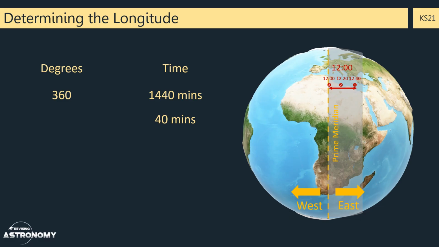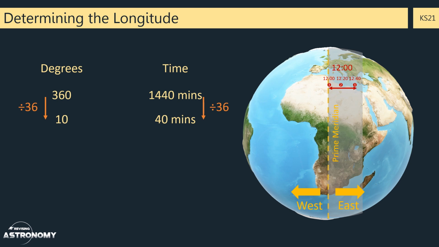And so to convert 24 hours into minutes, we just multiply it by 60, which gives us the time for a full rotation as 1,440 minutes. Now we know that there are 40 minutes separating them, and to get to 40 we have to divide by 36. And if we do the same to the other side, we can see that they are 10 degrees. So we therefore know that there are 10 degrees difference in longitude between point 1 and point 3.